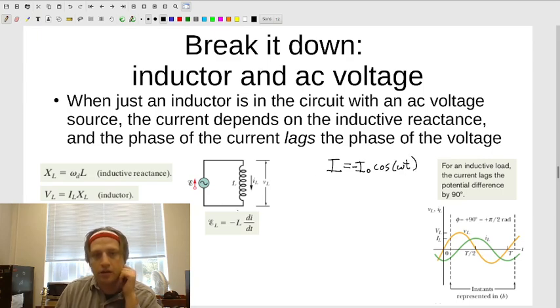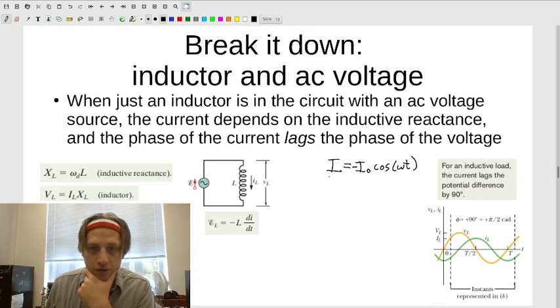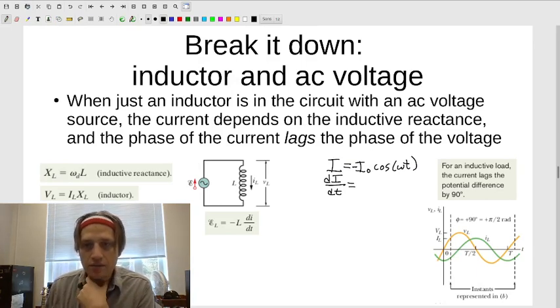And so this depends on dI/dt. If you take the time derivative of the current, the derivative of cosine is minus sine, but we've got a minus sign on here, so this would be a plus I naught, and I have to do my chain rule, so I'm going to get an extra factor of omega sine omega t.